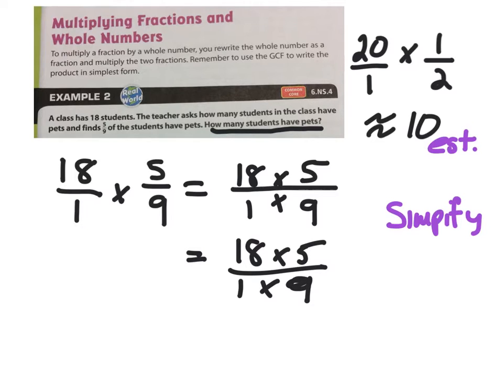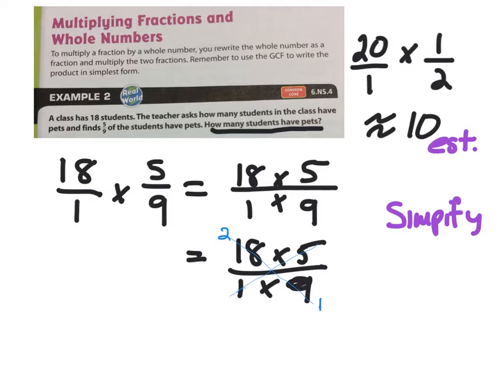Now I'm looking across. 1 and 5 I can't reduce at all, but 18 and 9, the common factor between those is 9, so I can see that. I know 9 goes into 9 one time, and 9 goes into 18 two times.